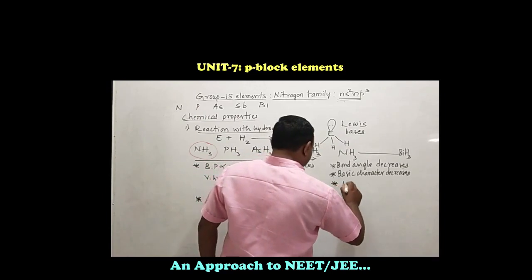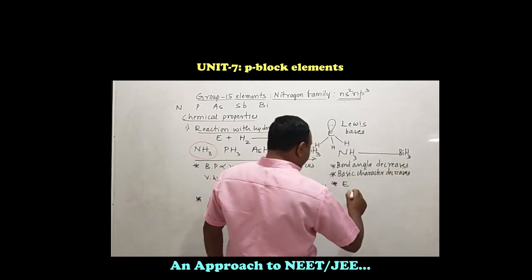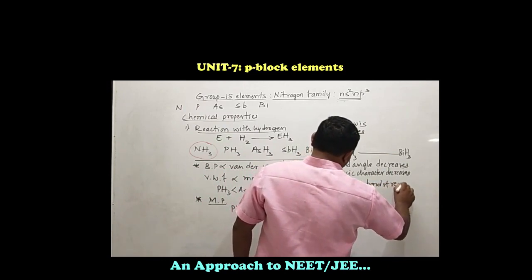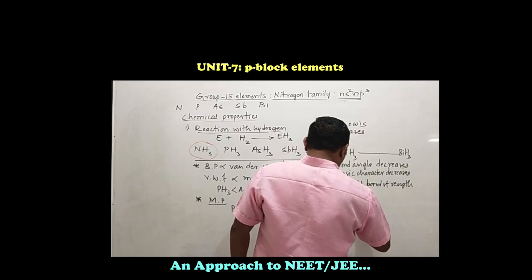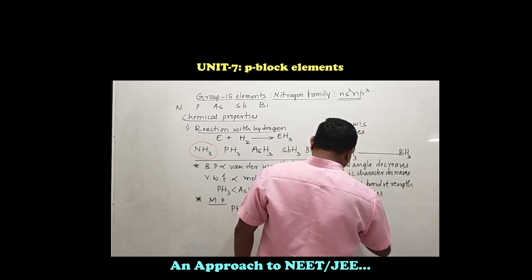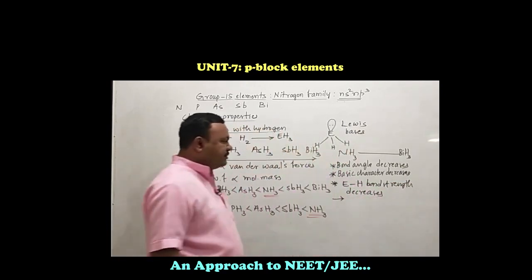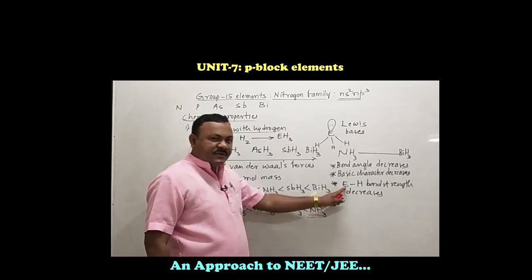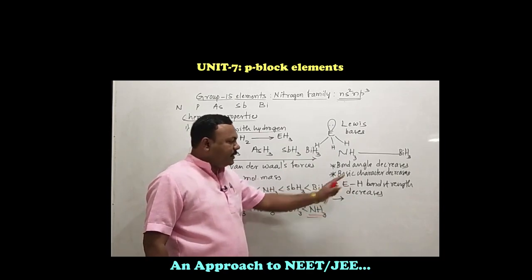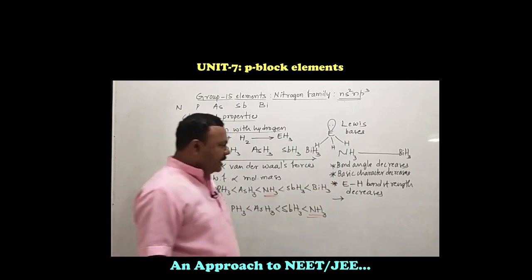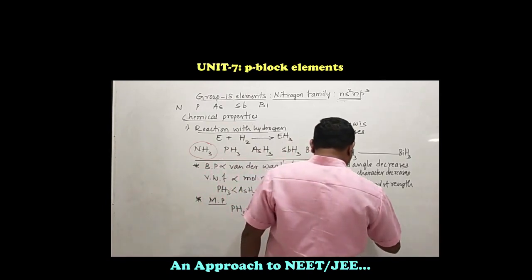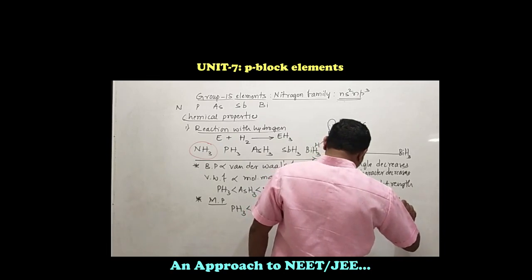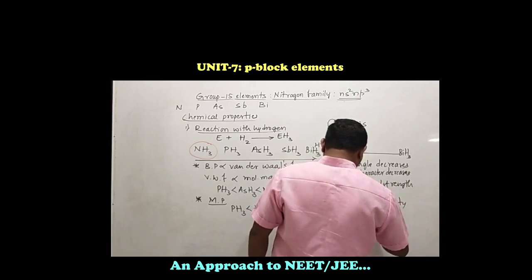Next property we take. When we move from ammonia to bismuthine, element hydrogen bond strength goes on decreasing. It's related once again to the size. Element size increases from nitrogen to bismuth, therefore element hydrogen bond strength goes on decreasing. As a result, thermal stability towards heat goes on decreasing.